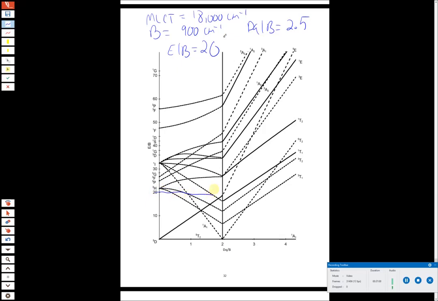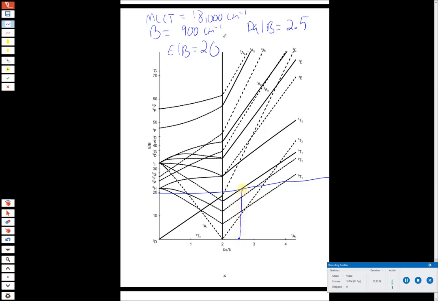I'll try my best to draw a straight line across, which may or may not look good. So that's our MLCT energy there, and we're saying initially that Dq over B equals 2.5. So if we go up to 2.5, that's around there. I didn't draw that line very straight, so it'd be something more like this.